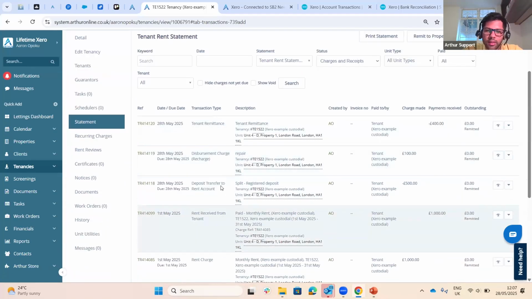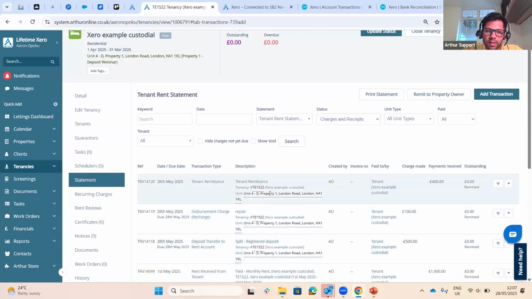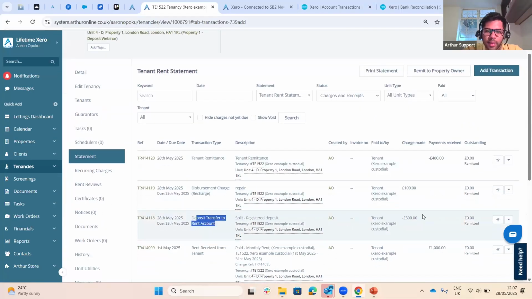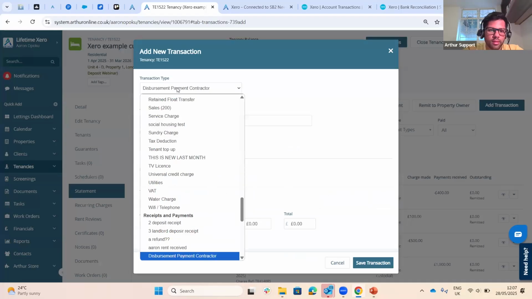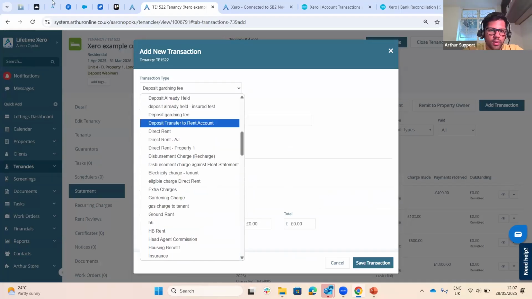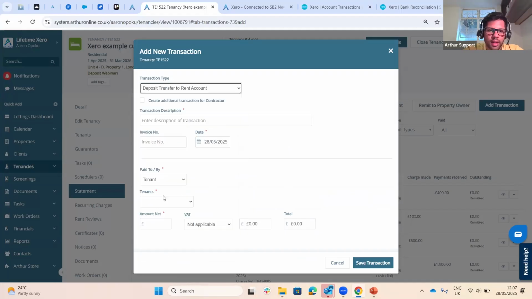So what I would recommend is for the three that are leaving, add this deposit transfer in manually. So go to add transaction. Here you can find that transaction, deposit transfer to rent account, and then you'll have all your different tenants here.